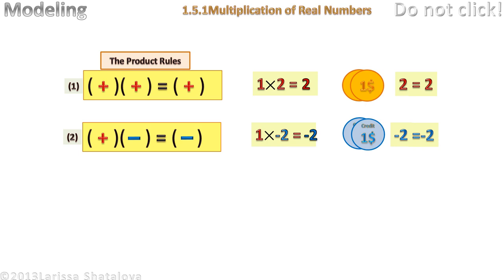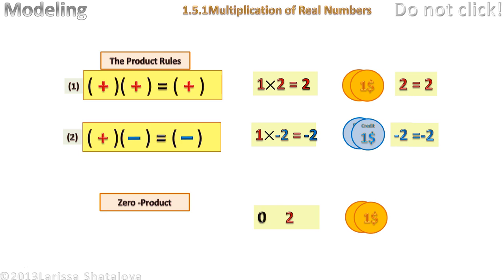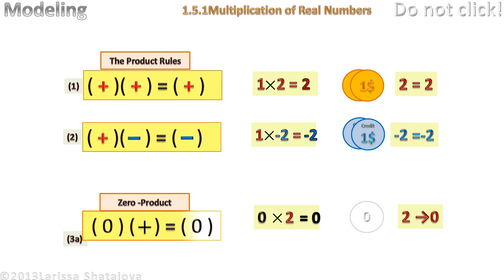And now let's develop the zero product rule. If we have positive 2, $2, and we are going to multiply by 0, this $2 will disappear. Multiplying by 0, we are getting 0. So this $2 just converts into 0. So 0 times positive 2, result is 0.